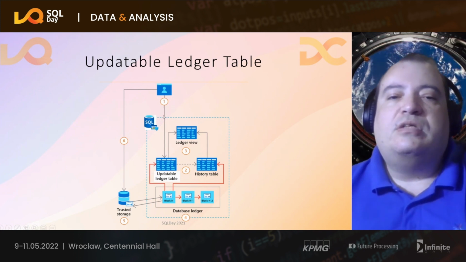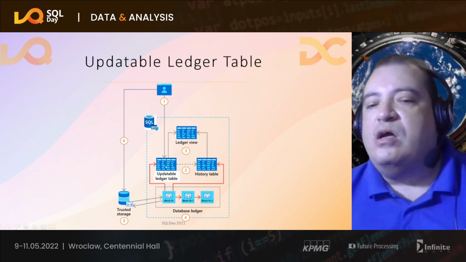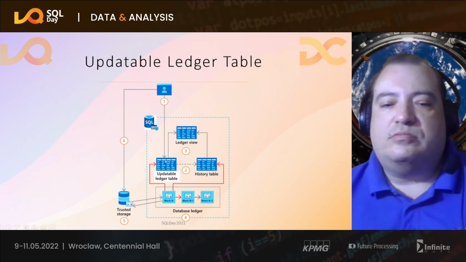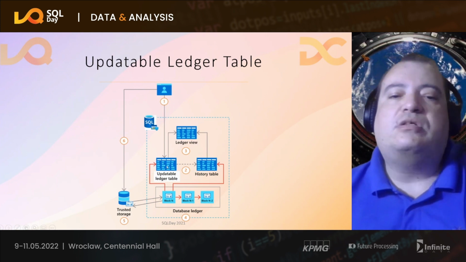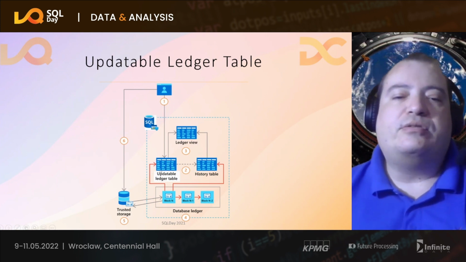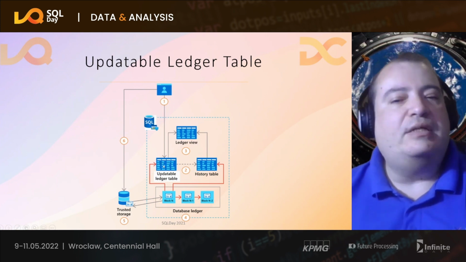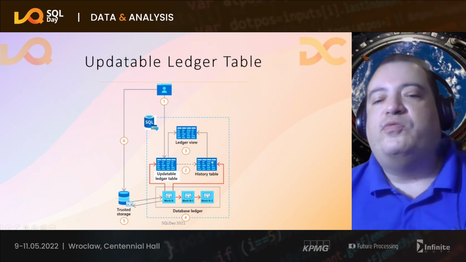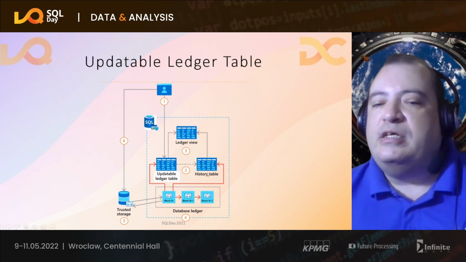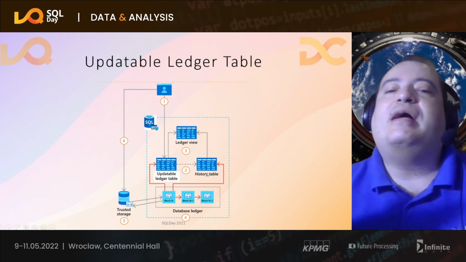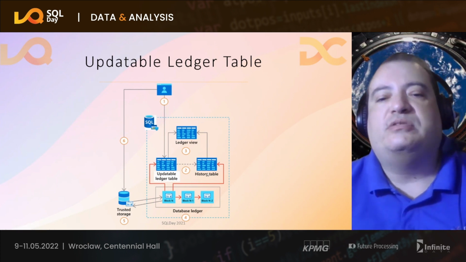The application will insert records inside this table. And according to how the records change, when records are updated or deleted, they will be moved to a history table about what already happened with this table.